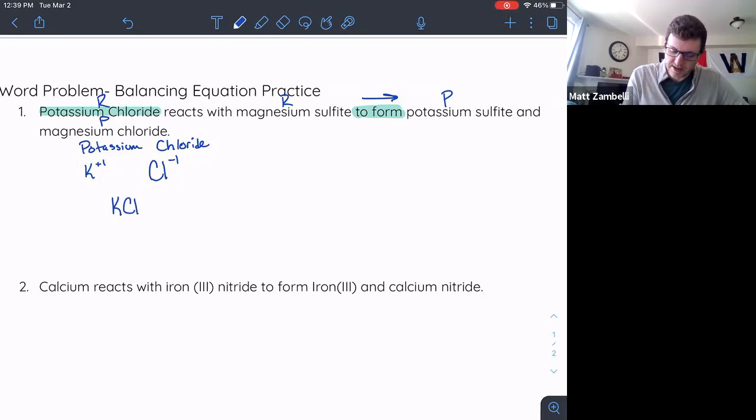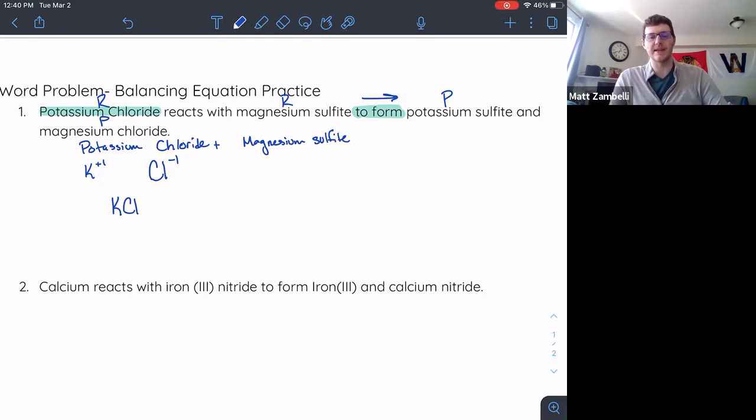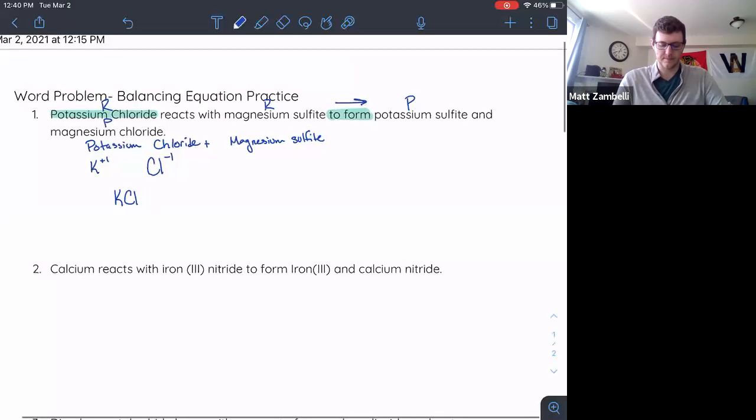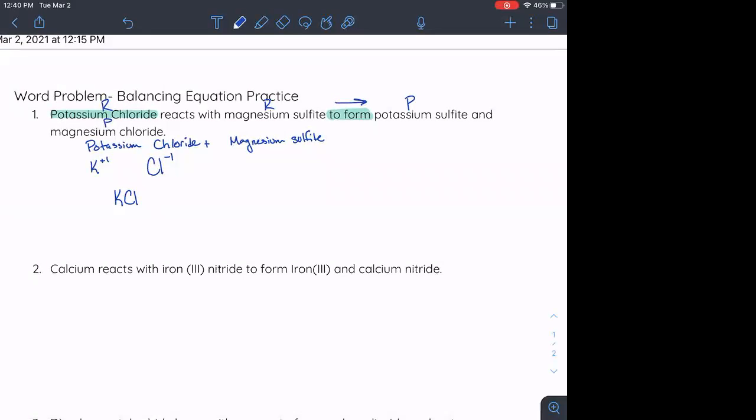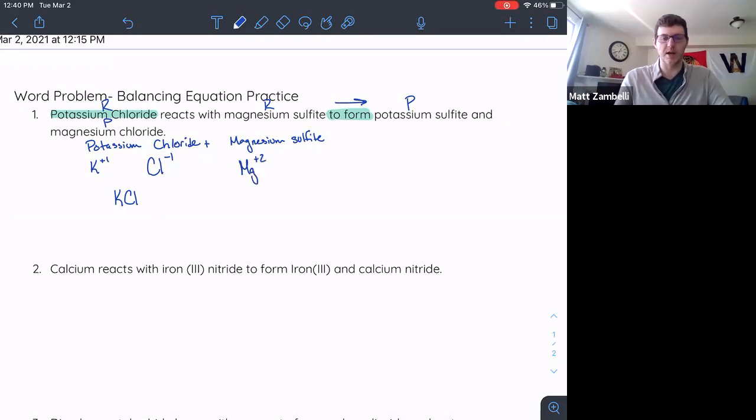All right, the next one we have is magnesium sulfite. What is the element symbol for magnesium? Mg with a +2 charge, awesome.